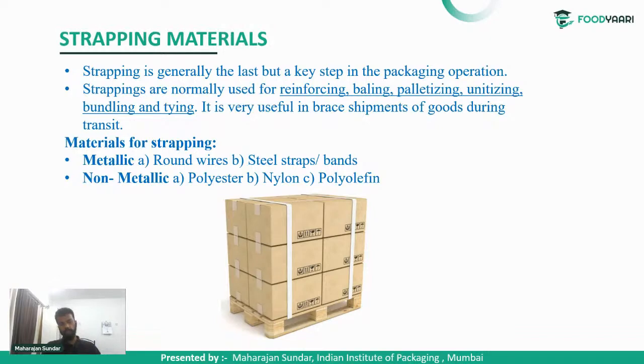Polyester based strapping materials are also used for identification of the package. For example, take different types of Britannia cookies, like pista cookies and butter cookies, which are packed and both loaded in a single consignment. Pista cookies will be in green color packaging, and butter cookies might be in blue color packaging. How to differentiate without opening the package?